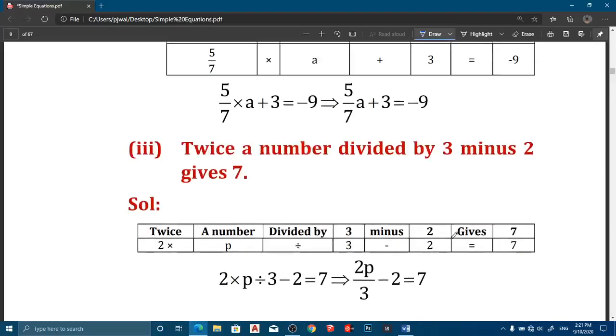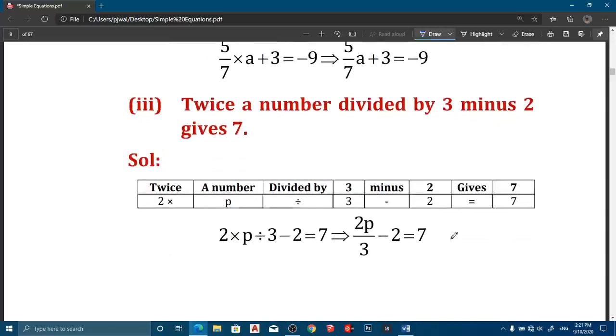Next, twice a number divided by 3 minus 2 gives 7. So split it into words. Twice a number divided by 3 minus 2 gives 7. How to write this? What is the meaning of twice? The meaning of twice is 2 times. 2 times means 2 into a number p.